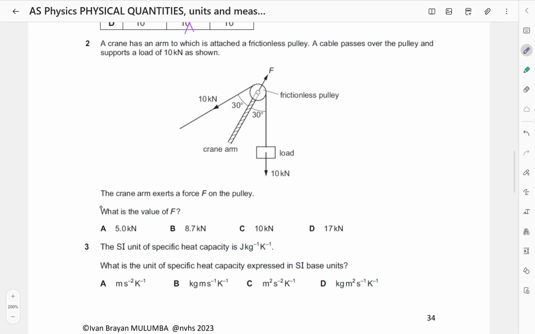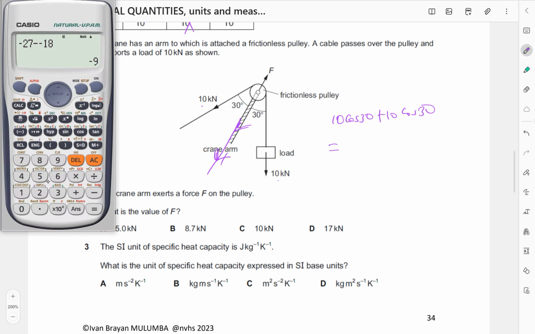Okay. So we are going to resolve these forces vertically down along this direction. So resolving 10 kilonewtons and 10 kilonewtons along this direction, that will automatically be cos. So we have 10 cos 30 plus 10 cos 30. If the angle is between the vector and the direction you are resolving to, that is automatically cos.